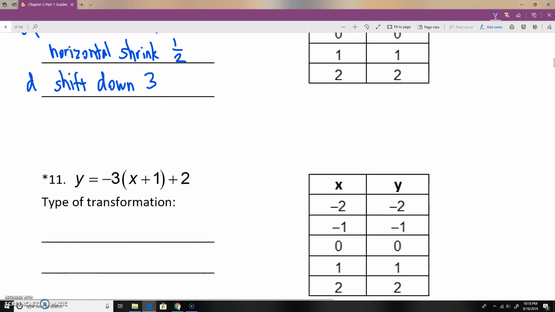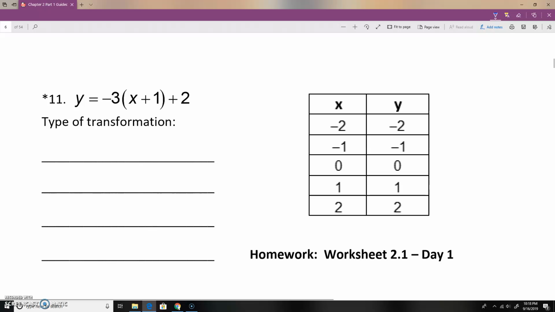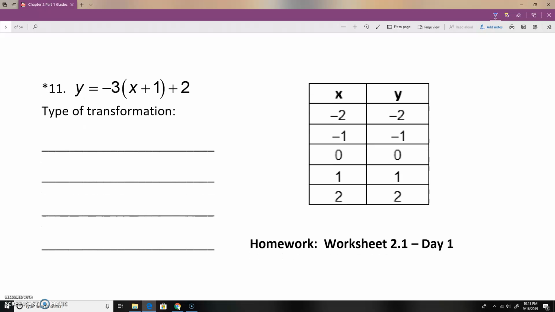All right. So now let's look at one that has several different things going on here. We've got an a value, we've got our c value, we've got our d value. We've got pretty much everything except for a b because b is not changed on this one. Well, the a value is negative. So that's a reflect across the x-axis.